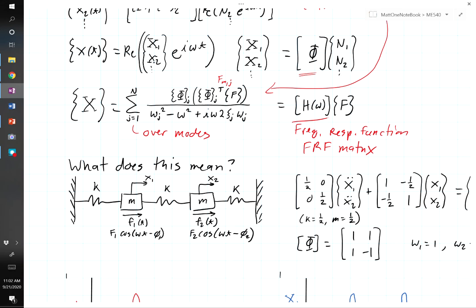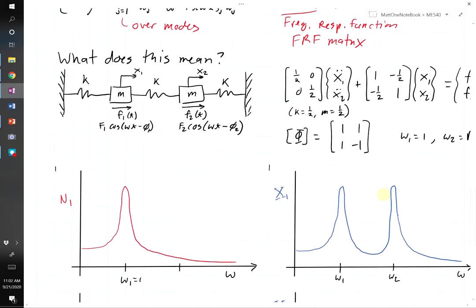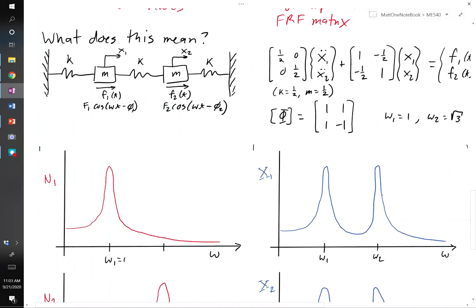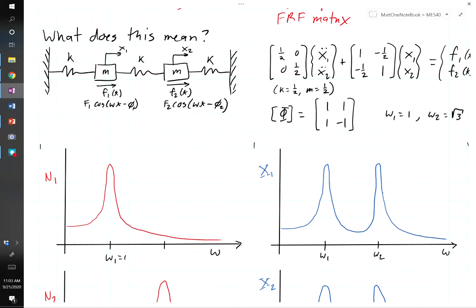Okay, so to help us understand what this means, I think an example will really help. So let's go back to our favorite 2-degree of freedom system where we have 3 equal springs, 2 equal masses. We're potentially forcing on each of the degrees of freedom. We could have a different amplitude and a different phase for each degree of freedom, but they're all being forced at the same frequency.